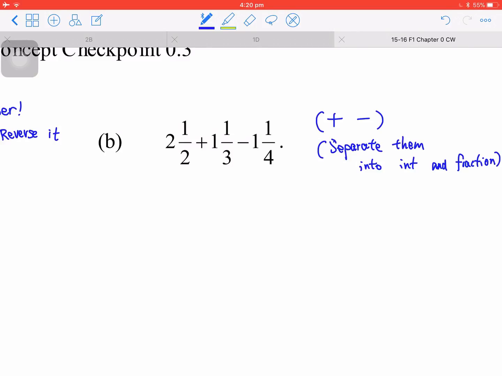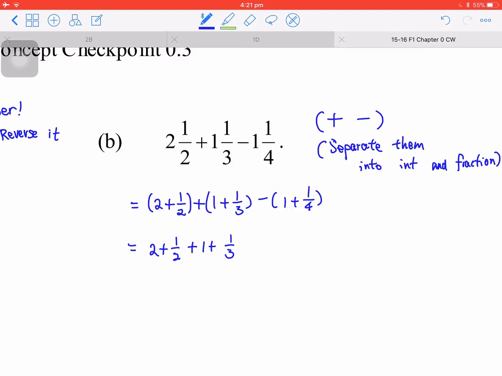So here you will see, just make good use of the bracket, and then remove the bracket. For the bracket after the minus sign, you change the sign here.